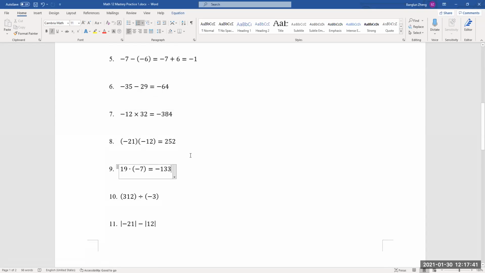And similar with division, 312 divided by negative 3. You might be wondering, why do we need parentheses around 312? The answer is you do not need the parentheses, but sometimes we just put them there. Putting parentheses is almost never redundant.